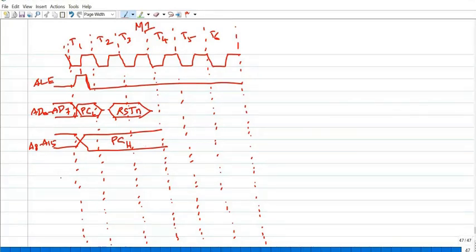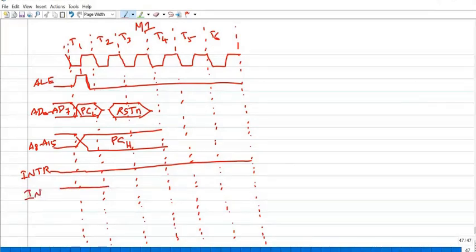Your INTR is high, and you have to mention your INTR. Then the microprocessor sends the acknowledgement signal during the T2 state, T2 to T3.